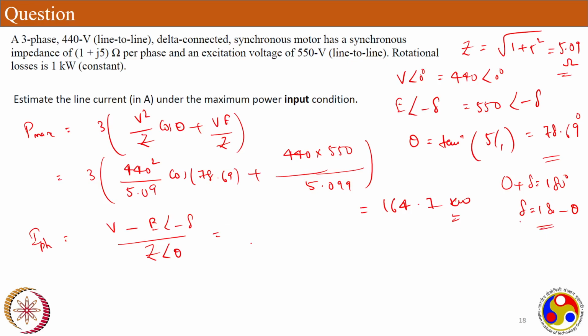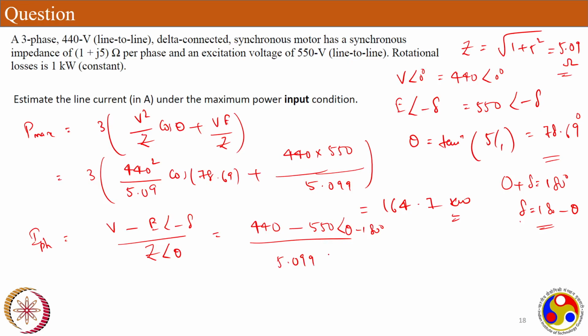So V would be 440 at an angle 0 minus 550 at an angle minus delta. Minus delta would be theta minus 180, divided by Z at an angle theta. Z is 5.099 at an angle theta.